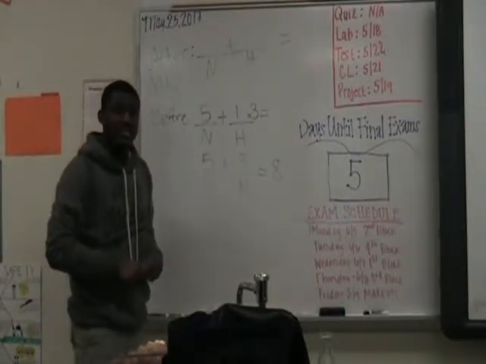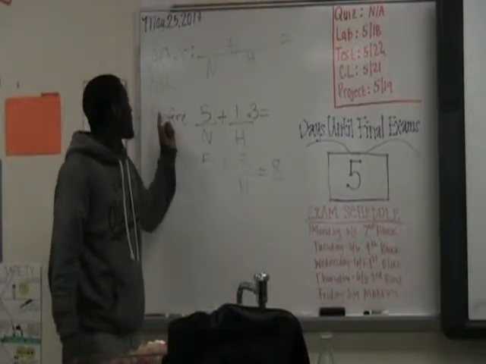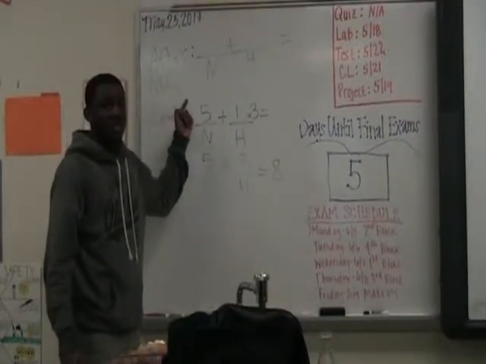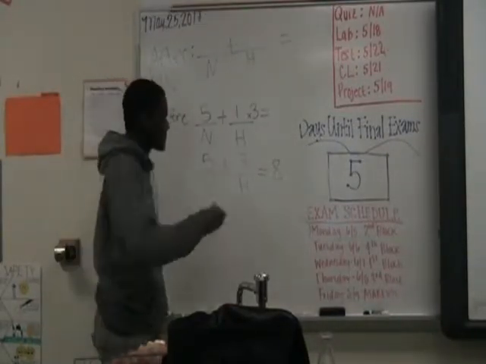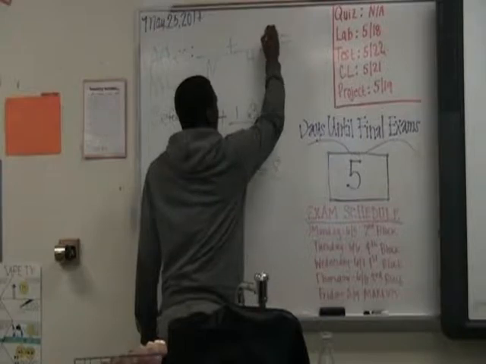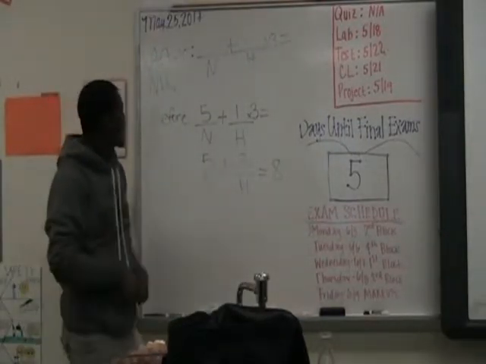Once you've done that, the first thing you do, since the subscript of NH3 is 3, you will put it beside hydrogen, because that's part of the octet rule.